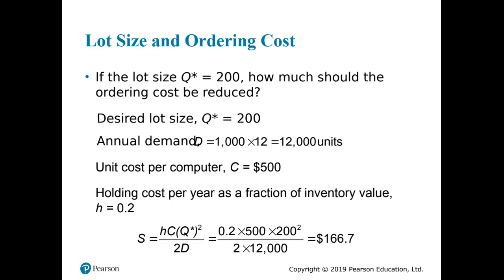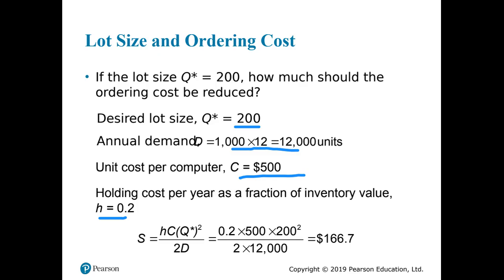So if the lot size is 200, economic quantity of 200, how much should the ordering cost be reduced? So desired lot size is 200 and annual demand is 1000 into 12, which is 12,000. The unit cost per computer, as we previously discussed, is 500 and holding cost is 0.2. Now putting it in this formula, we will get HC into Q square divided by 2D.